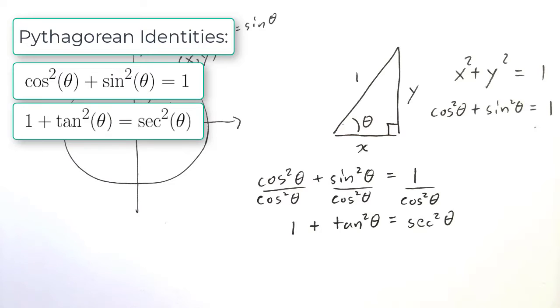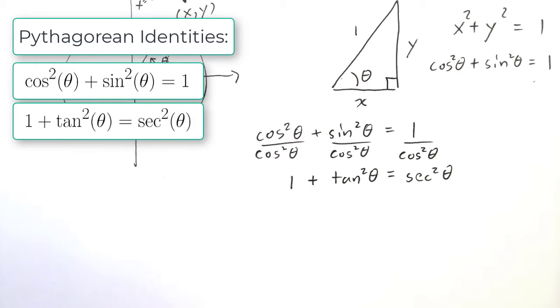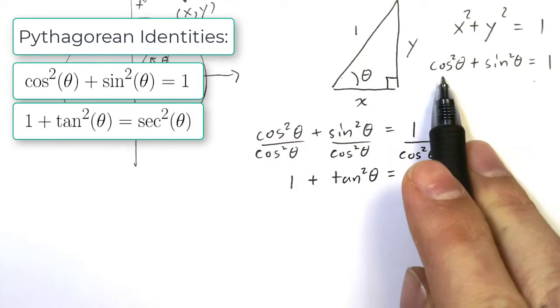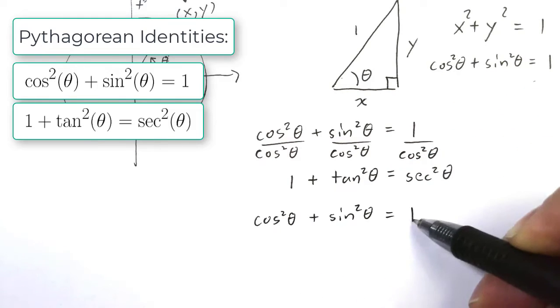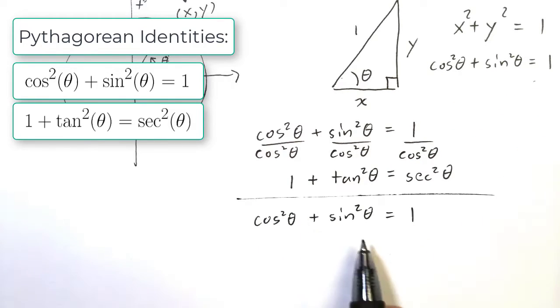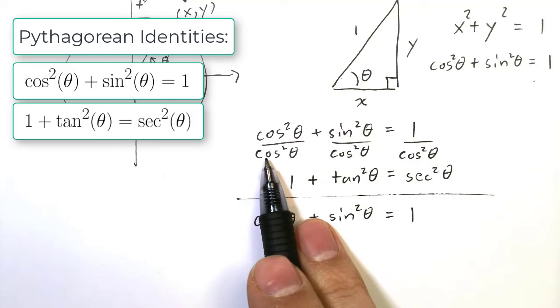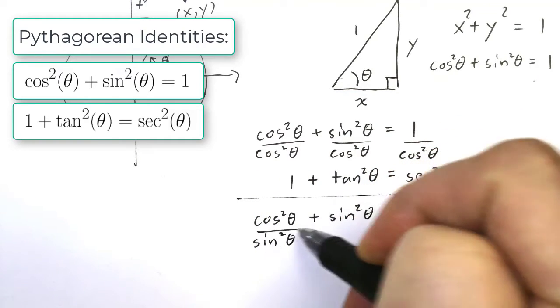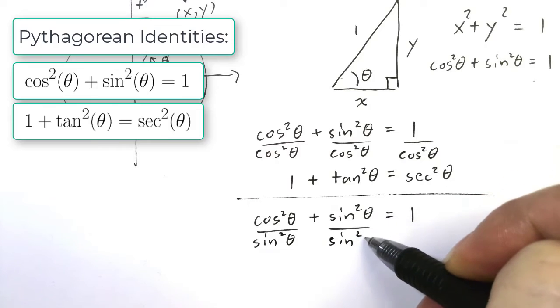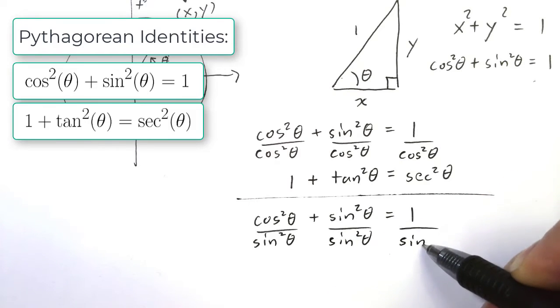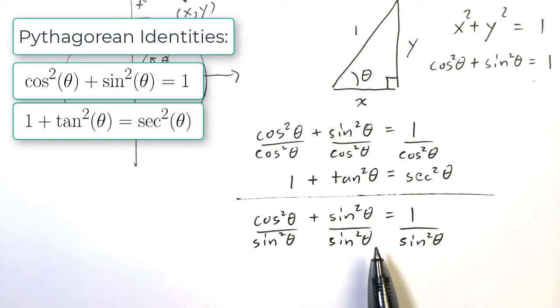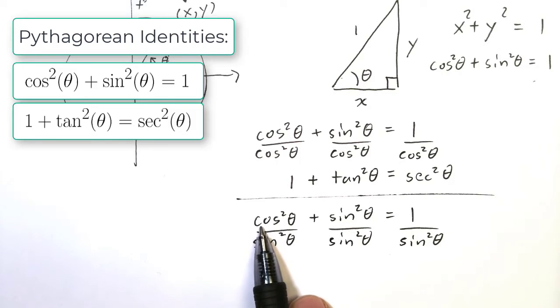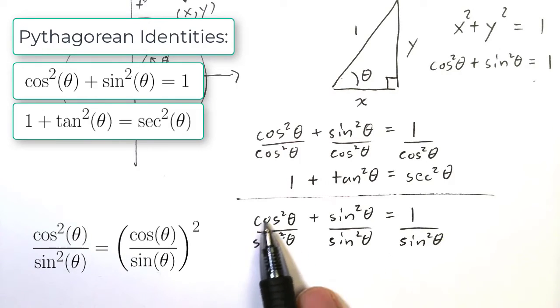Let's do this one more time to come up with the third trigonometric identity. I'm going to rewrite our first identity, and instead of dividing by cosine squared theta, I'm going to divide by sine squared theta. Let's go through the same logic. This is cosine theta divided by sine theta, quantity squared.